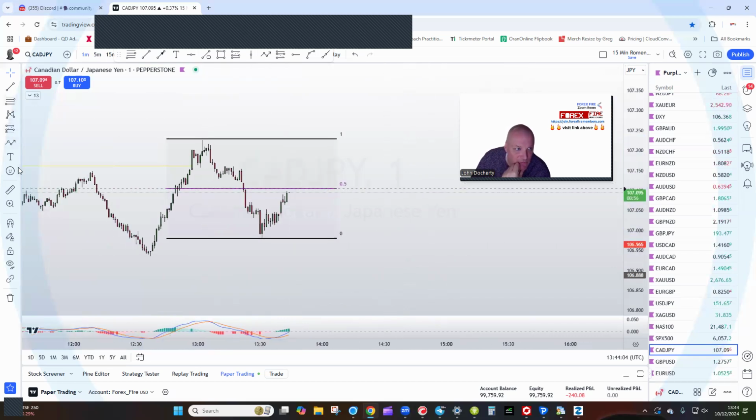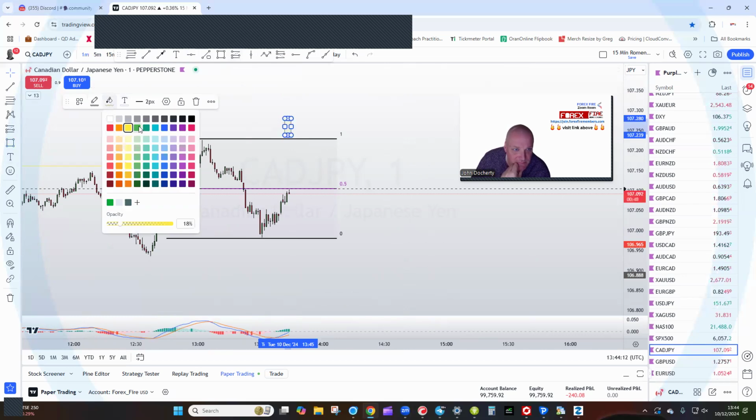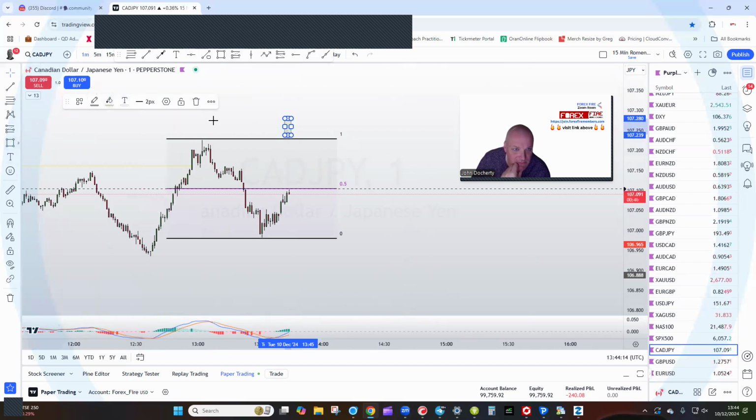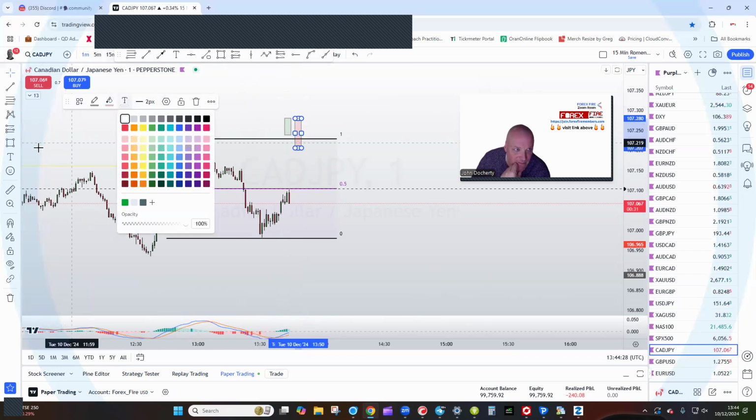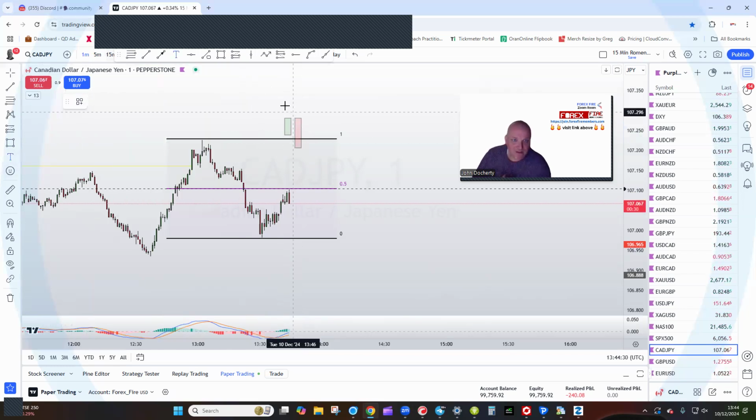What you'd be looking for from this aspect is once we get the touch, you need a buying candle, and then you need a bearish engulfing. That's the 1 minute setup.